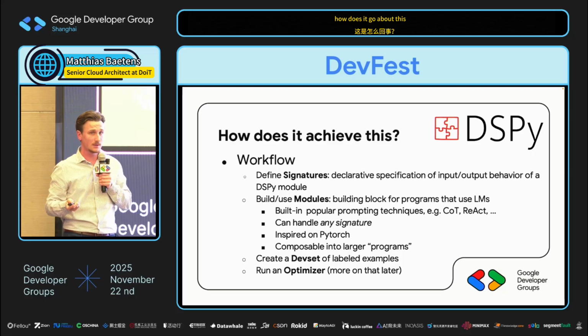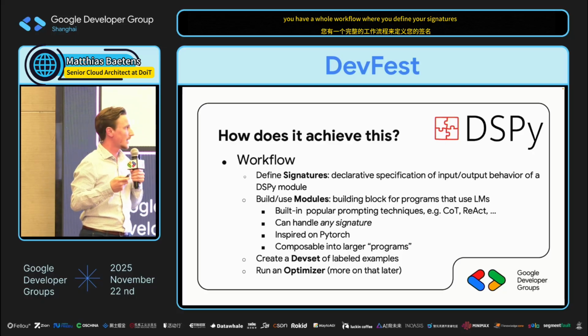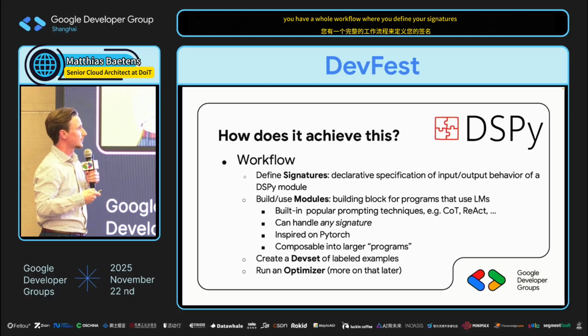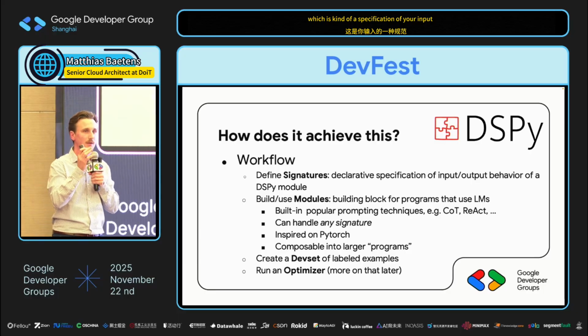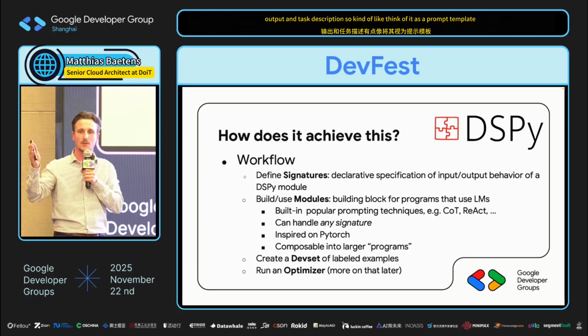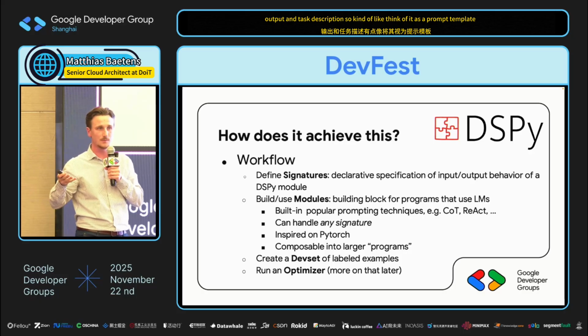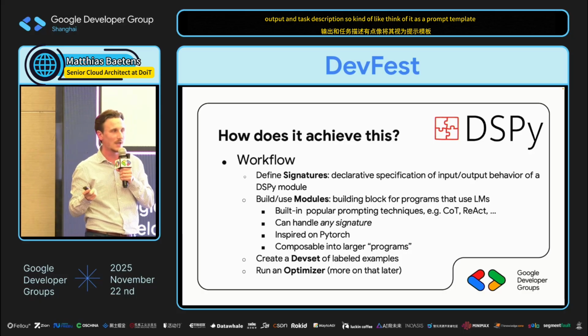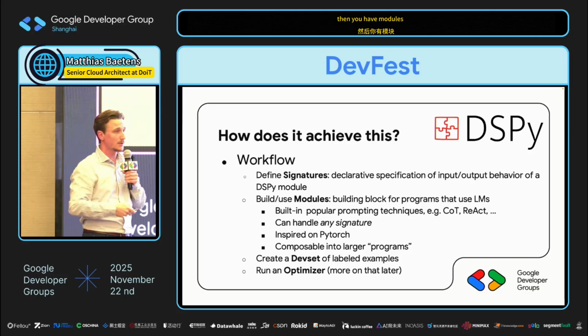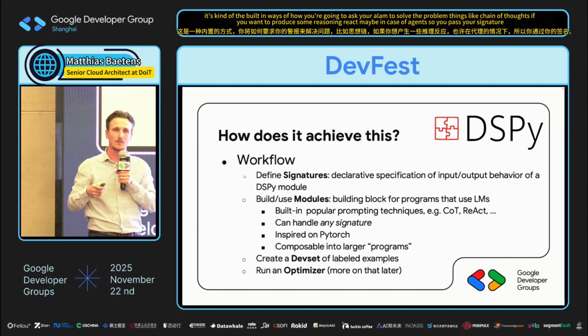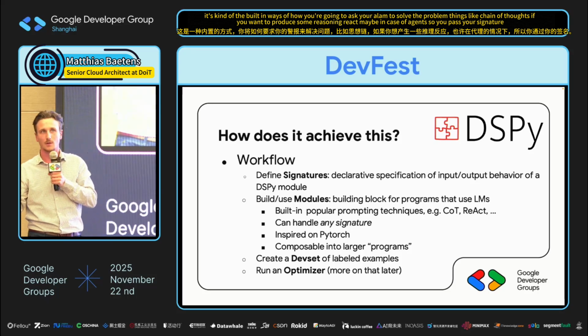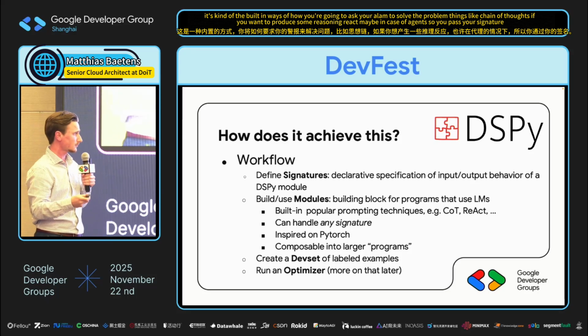How does it go about this? You have a whole workflow where you define your signatures, which is kind of a specification of your input-output and the task description. So think of it as a prompt template. Then you have modules, which are the building blocks. It's kind of the built-in ways of how you're going to ask your LLM to solve the problem.